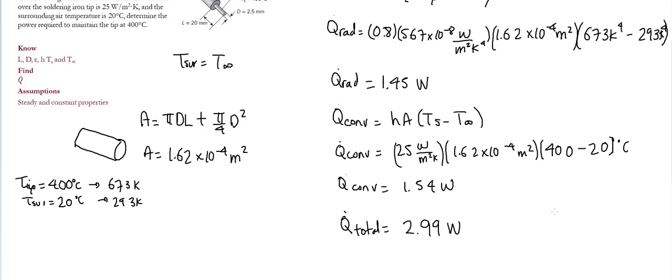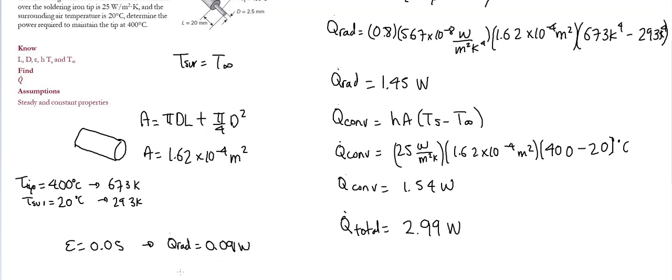It is worth noting that in the problem it says that the tip has been used and oxidized, and therefore the value of emissivity is equal to 0.8. If this had been a brand new tip, the actual value of the emissivity would have been about 0.05. In that case, the amount of radiation, if we do the calculations all over again, would have been simply 0.091 watts.